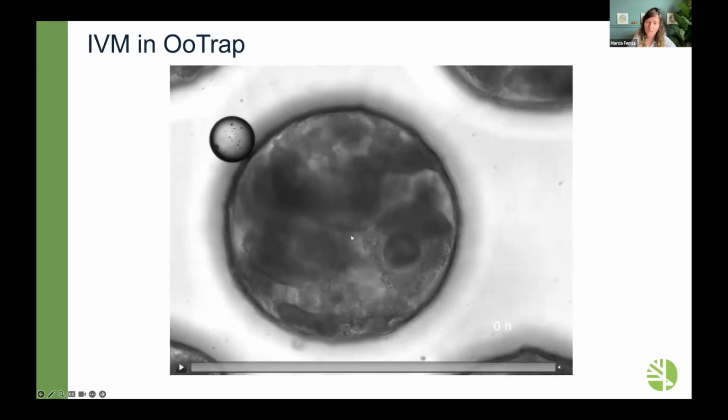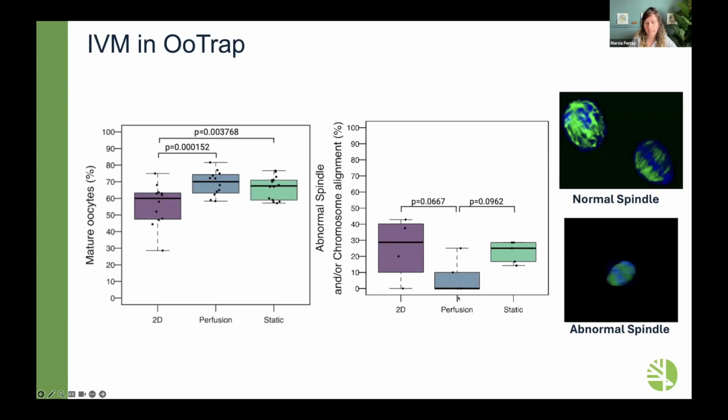So what we saw when we cultured the oocytes under perfusion is a lower rate, although it's just a tendency, of abnormal spindles, meaning multiple rather than bipolar spindles, and also of chromosome misalignment, which was really nice because those are really important for further embryo development.